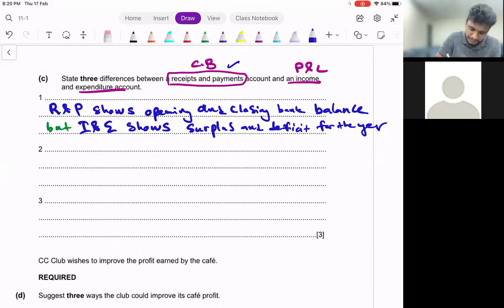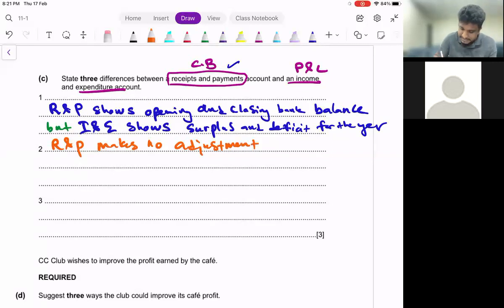Okay, number two, in a cash book, we don't do any adjustments for the prepaid and accrued. But in P&L, just now we did the accrued and prepaid adjustments. Receipt and payment makes no adjustments for accrual and prepayment.